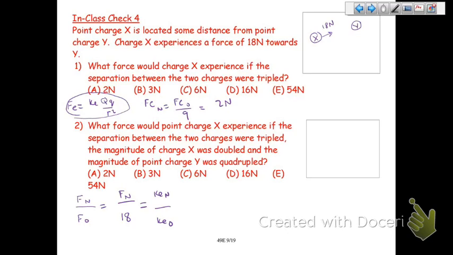That's not going to change, but even so, times big Q new over big Q old, little q new over little q old, separation new squared over separation old squared. So I'll put the new over the old.